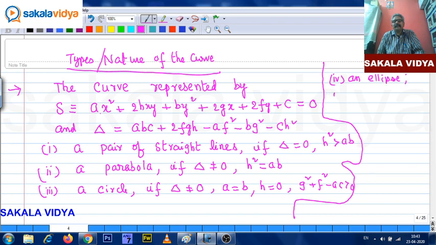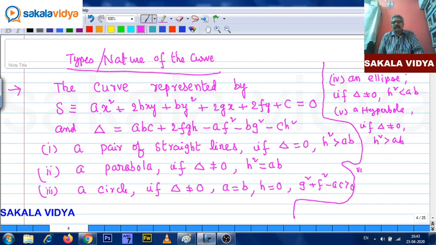An ellipse means if delta does not equal to 0 and h square must be less than AB. And fifth one, a hyperbola. If delta does not equal to 0 and h square greater than AB.